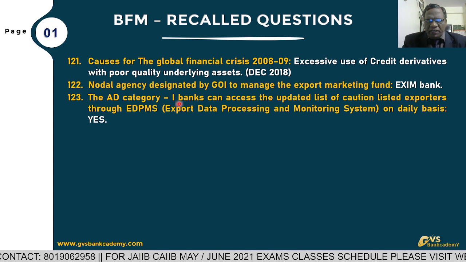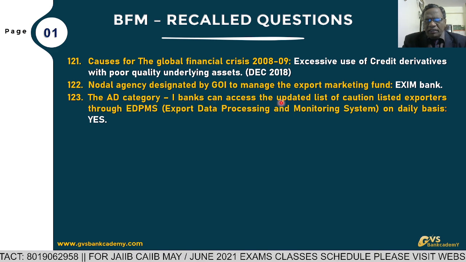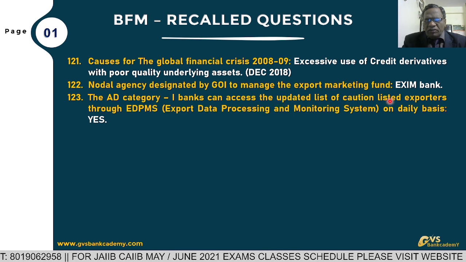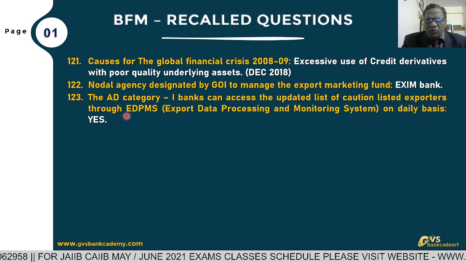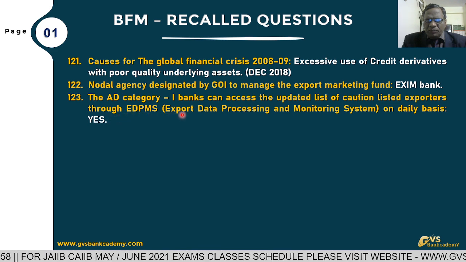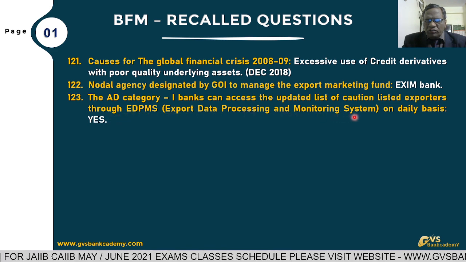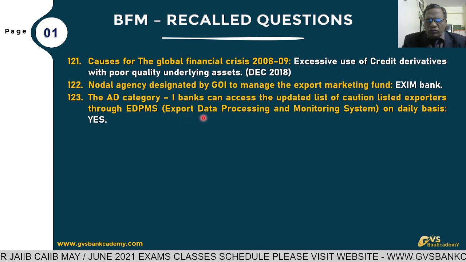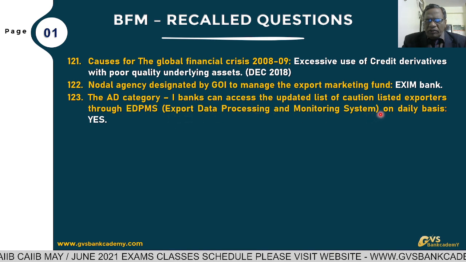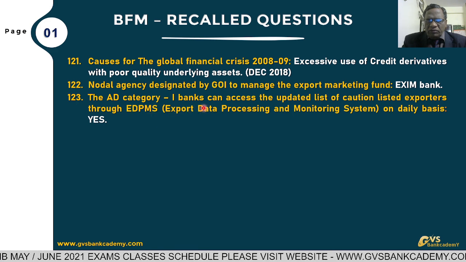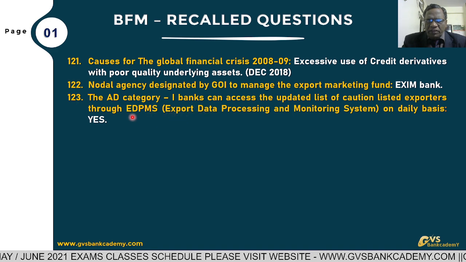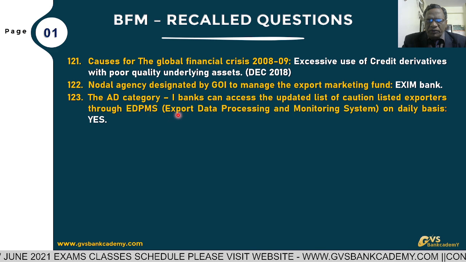So AD category 1 banks can access the updated list of caution listed exporters with RBI through EDPMS, Export Data Processing and Monitoring System. From 2014 onwards, RBI developed this EDPMS software. All the things you have to update in the EDPMS software.